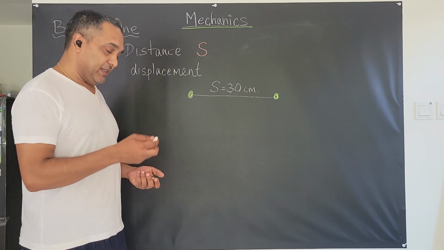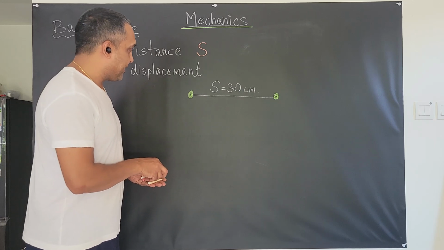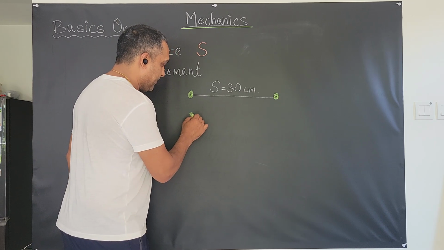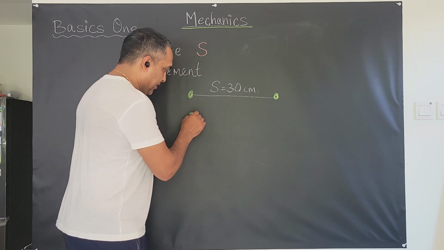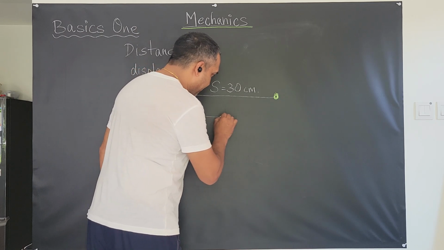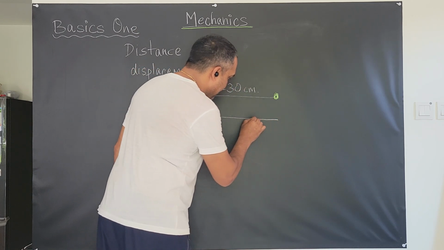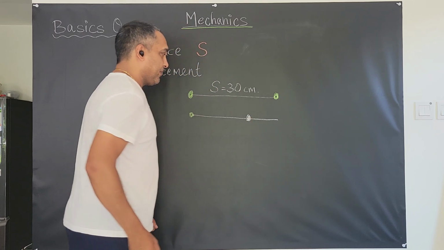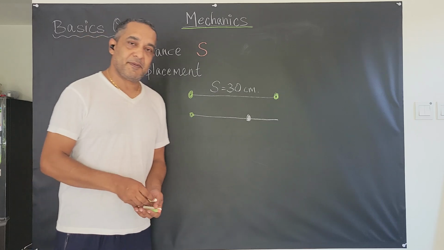Distance. The object is displaced by 30 centimeters. That's displacement. But now let's take another case where the same object is here. We have it move and come back here. Now what happens?